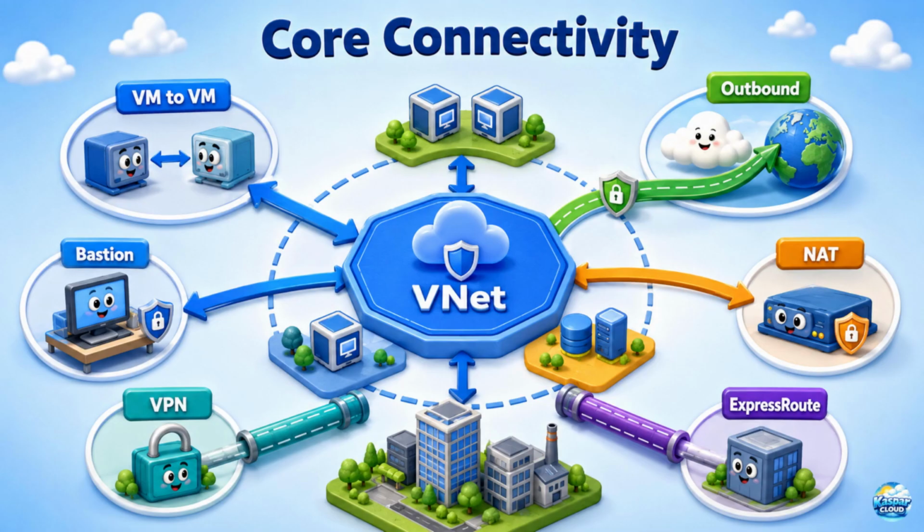Administrative access can be handled through options like Azure Bastion, so remote management does not depend on unnecessary open ports. Hybrid connectivity back to on-premises environments can be added with VPN or ExpressRoute depending on performance and business needs. The goal is balance: useful connectivity without loose governance or unnecessary exposure.